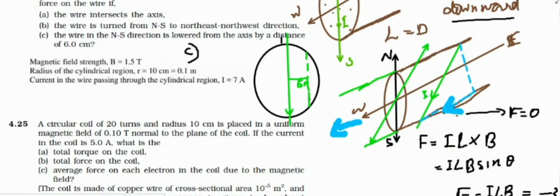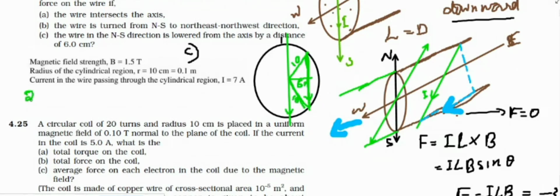So you have to calculate only how much length of the wire is inside. That is what you need to find in the magnetic field. This much wire only inside. So how can you find the length here? You can construct a right angle triangle. This is radius 10 centimeter. This is also radius 10 centimeter. So from the right angle triangle, you can calculate with 6 centimeter, 10 centimeter. So what is the length? We have to find the total length.